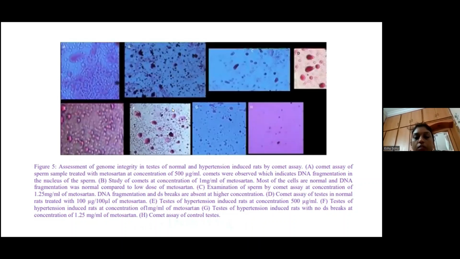H is the Pumet assay of the control testis. And you can clearly see in C, the third figure, more Pumets compared to B and F. In B and F, at 1 mg concentration of metosartan, you can see fewer Pumets in both testis and sperm samples, which indicates a low level of DNA fragmentation.